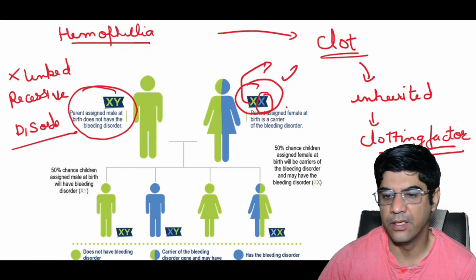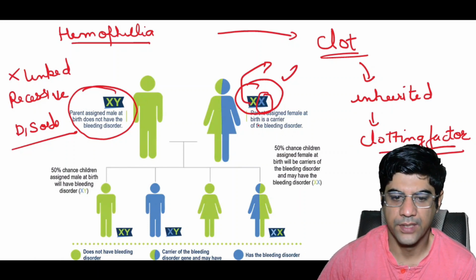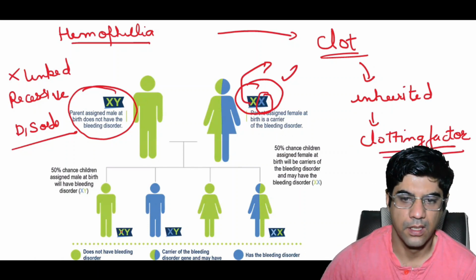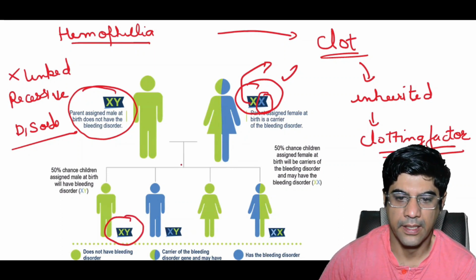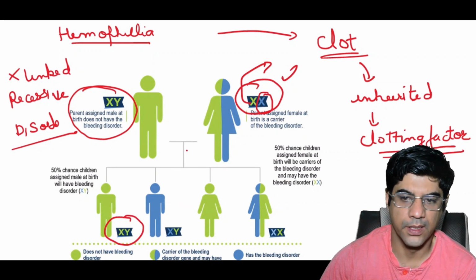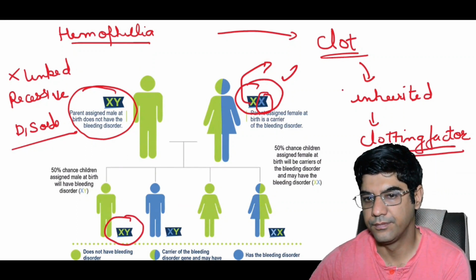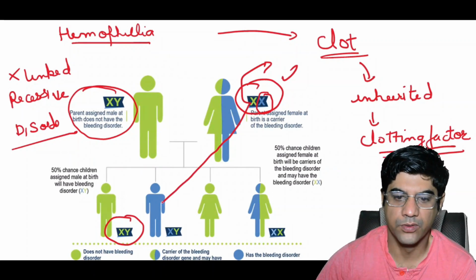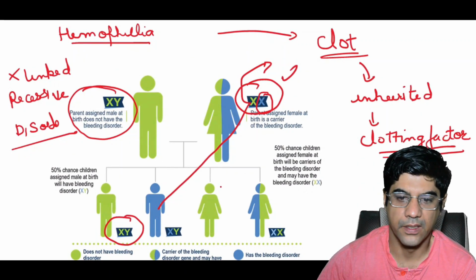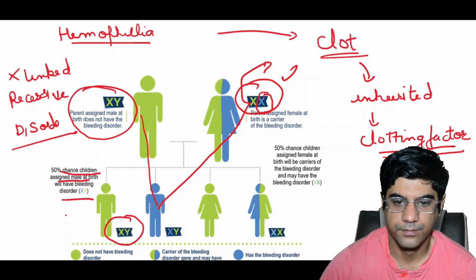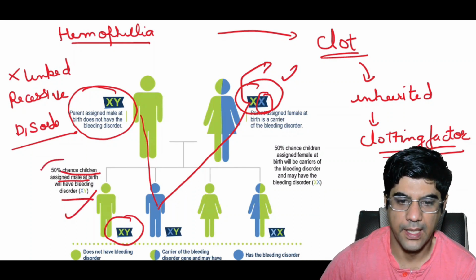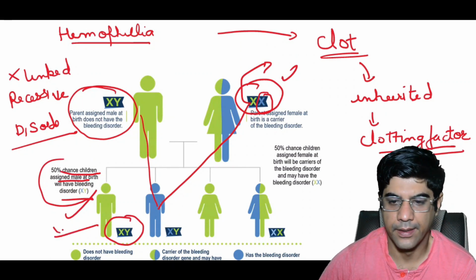So there are four possibilities for the children: a son, who gets the X chromosome from the mother and the Y chromosome from the father, and there are 50% chances the male at birth would have this bleeding disorder.